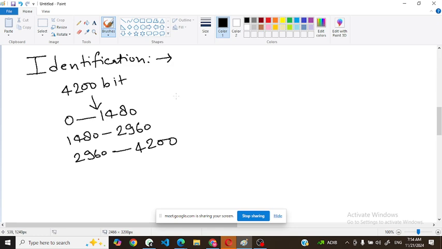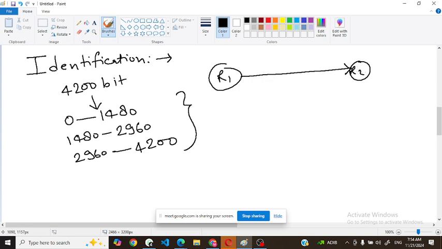So we are dividing this data before sending it from a sender to receiver. Okay, are you getting my point? Before sending the data of 4200 bits, we are dividing it into chunks. Then we are sending this data.